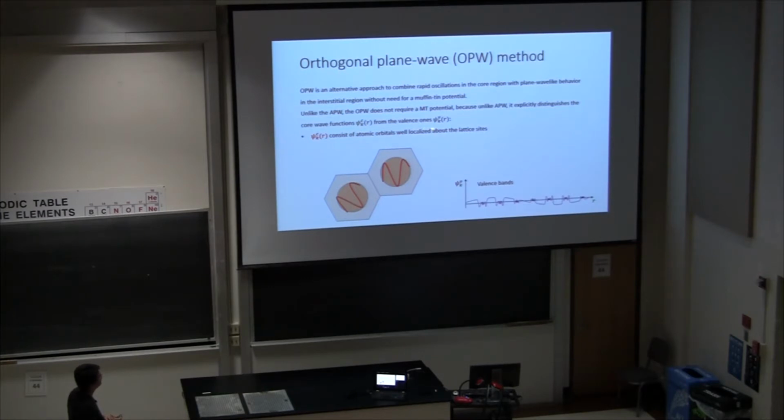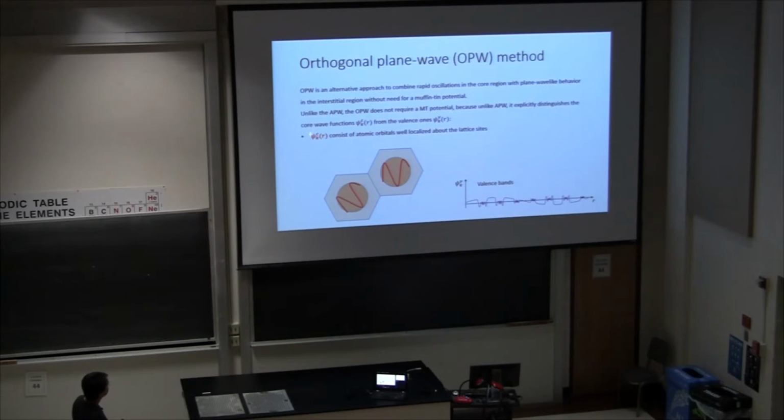We have a psi of v for the valence wave function, and we have a psi of c for the core wave functions. Whereas in the augmented plane wave, the entire wave function was one wave function really. But in the orthogonal plane wave, we separate out into two wave functions.